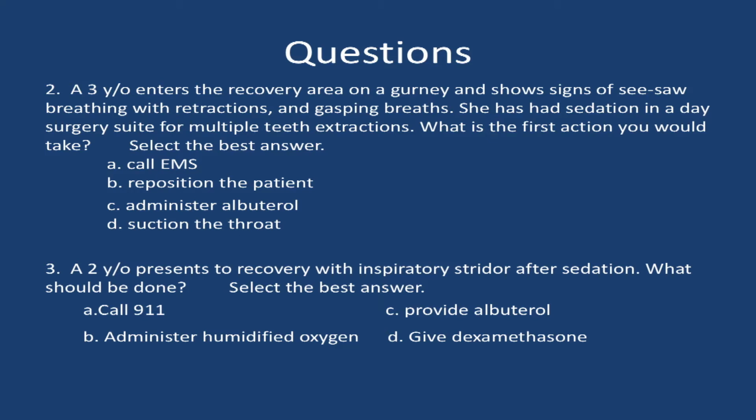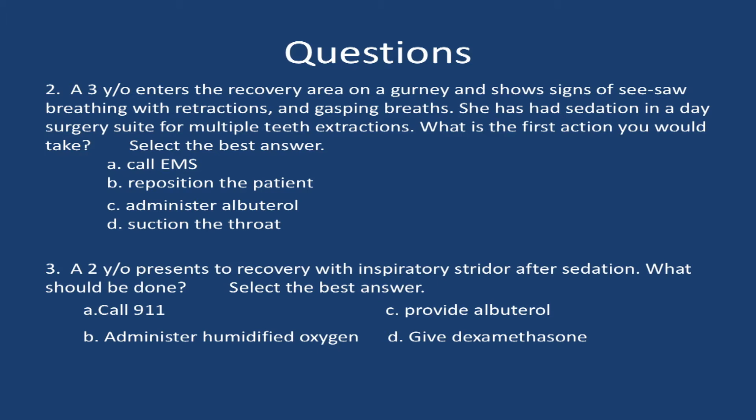If administering humidified oxygen doesn't work after a period of time, then you might want to reassess the patient overall. Is it because the patient has an upper respiratory infection? Are we listening to croup noises then?